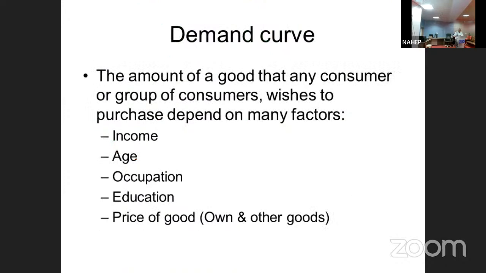Now, in the demand, we consider income and fixed factors; we consider age, we also consider occupation, education, and the price of goods and other goods. These are the factors we consider in the demand analysis. So what is the gap you can define? Either you have urbanization as a dummy variable, occupation, education, and so on.